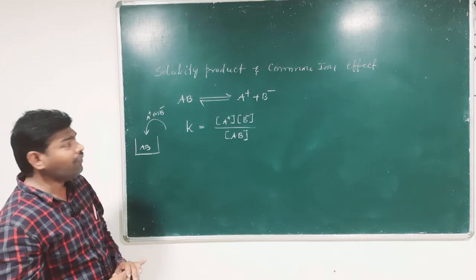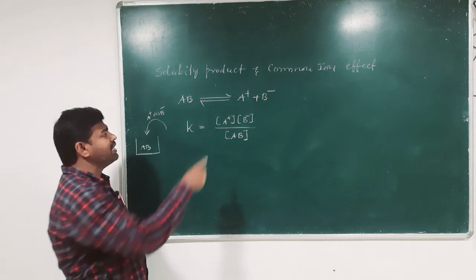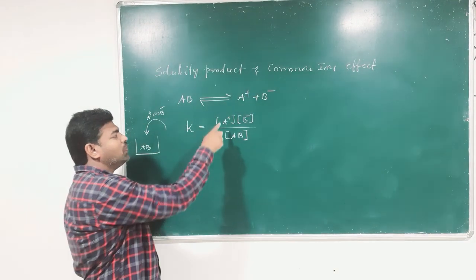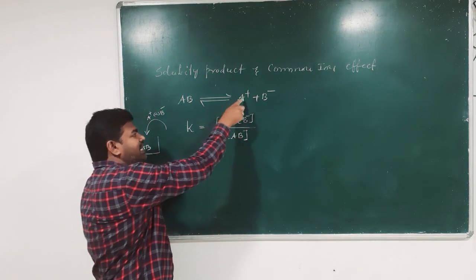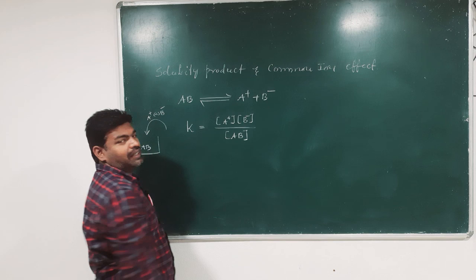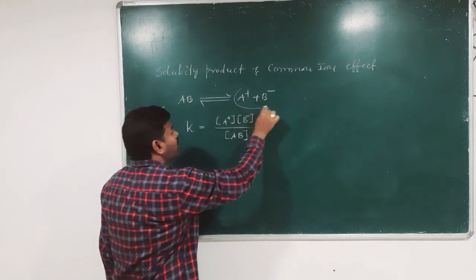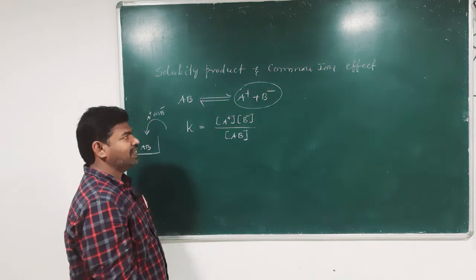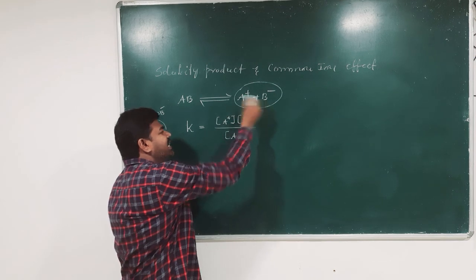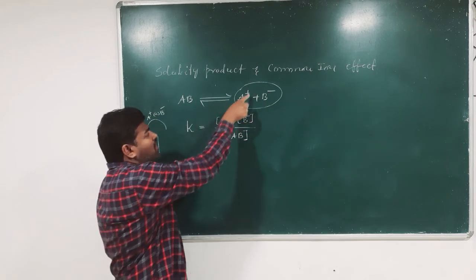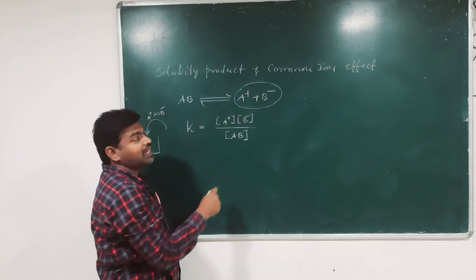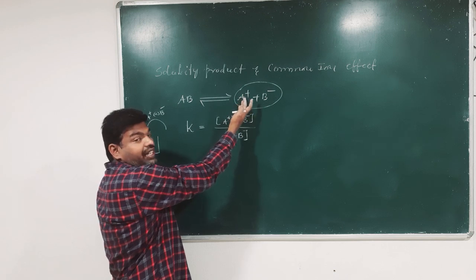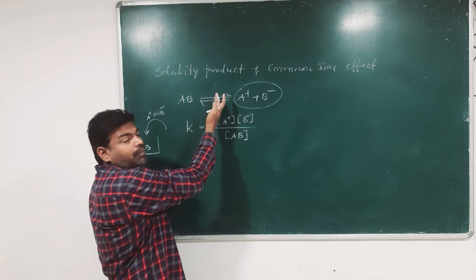But when the concentration of A plus ions or B minus ions increases, the concentration of products increases. When the concentration of products increases in this equilibrium, that results in a shift in the equilibrium to the left side.